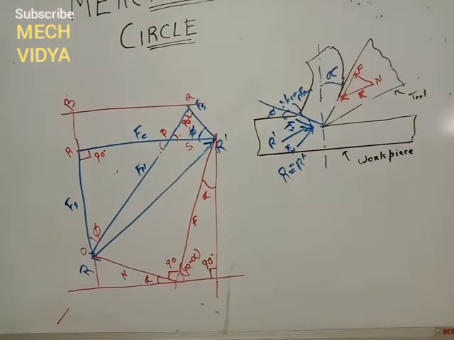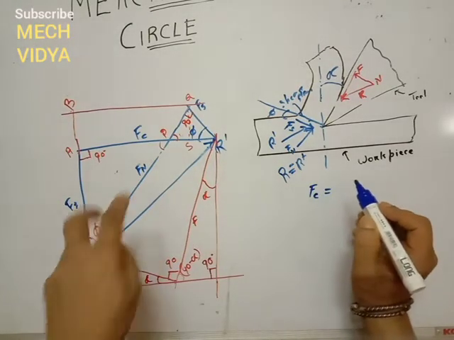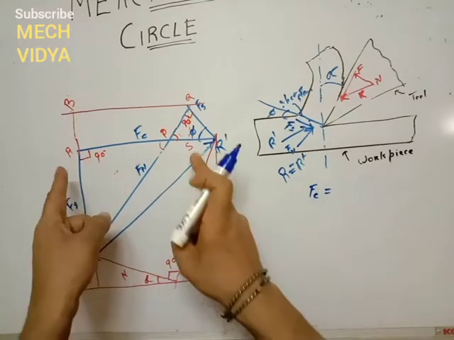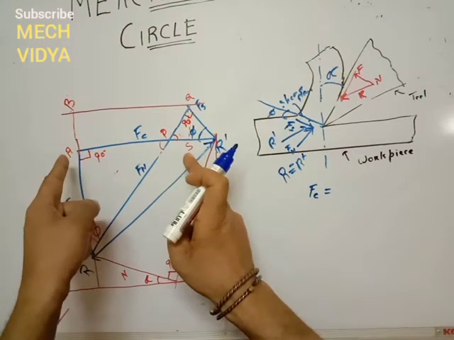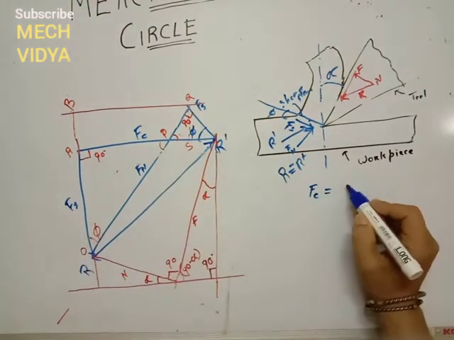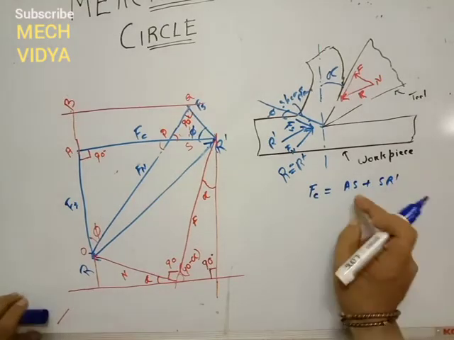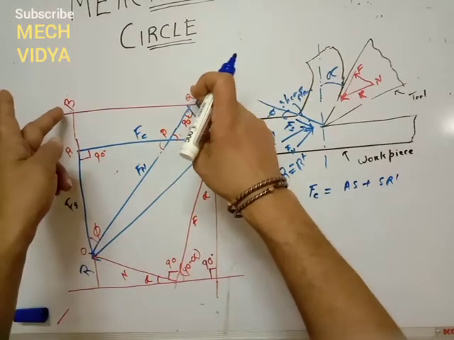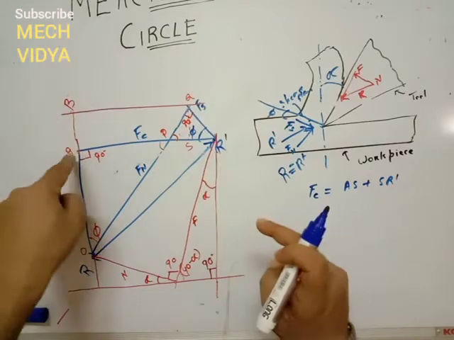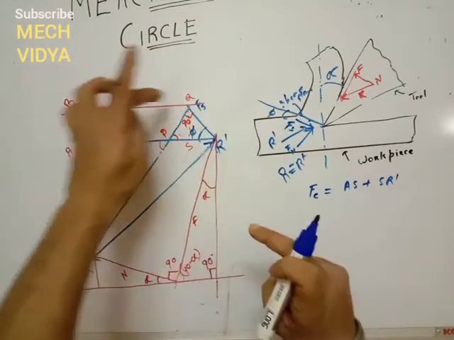Okay, so now let us try to derive the equations of Fc and Ft. So first, if we consider Fc, that is the cutting force, it can be written from this diagram as Fc is the total length. Then Fc can also be written as AS plus SR dash. Now this value AS is exactly of the same length as BQ, since ABQS is a rectangle, so this side AS and BQ are equal.